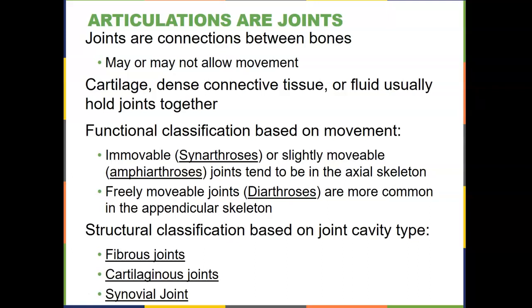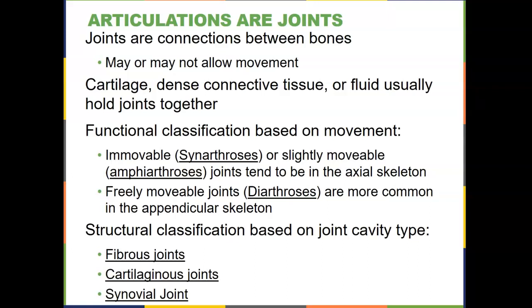Freely movable diarthritic joints are the most common and most familiar, because they're associated with the appendicular skeleton, our arms and our legs, like your knees and elbows.